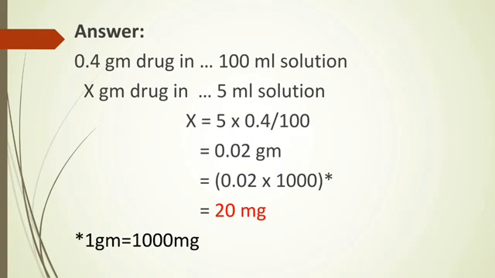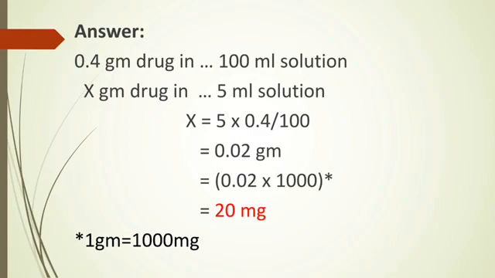So 0.02 gram into 1000 will be equal to 20 milligram. That's why I said you have to be very conscious about the units given in the question and also in the options. If it is not the same, you have to convert. Here the answer is 20 milligram.